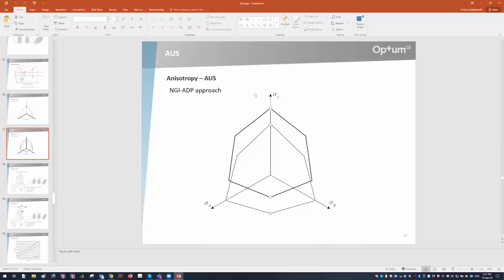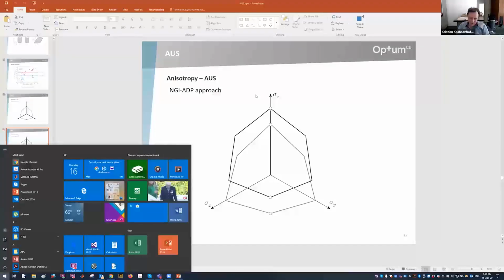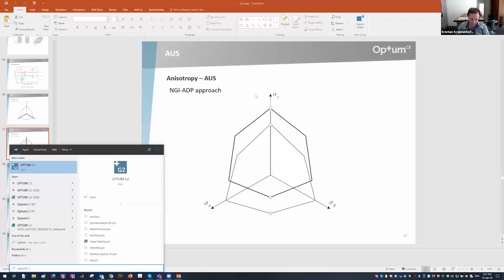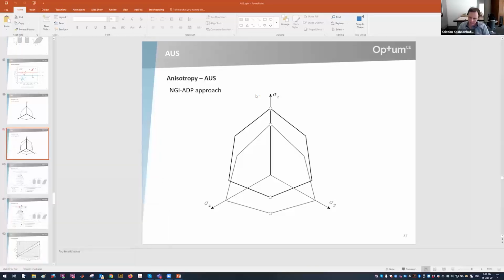That's a good question. Stiffness anisotropy. Well, the answer is maybe a bit unsatisfactory, but for the AUS model, the answer is no. The elastic behavior is isotropic.